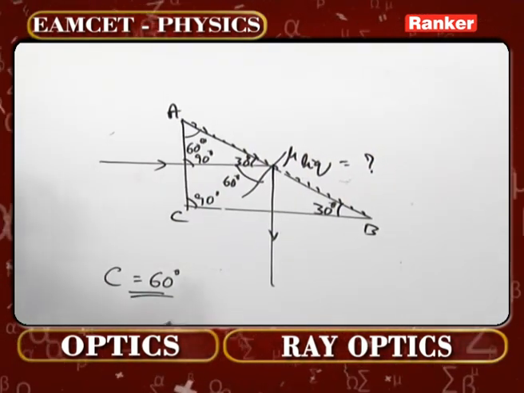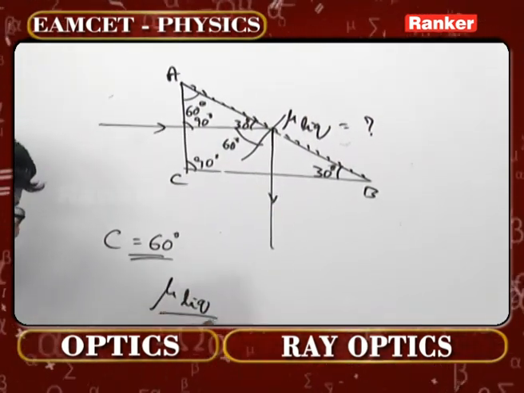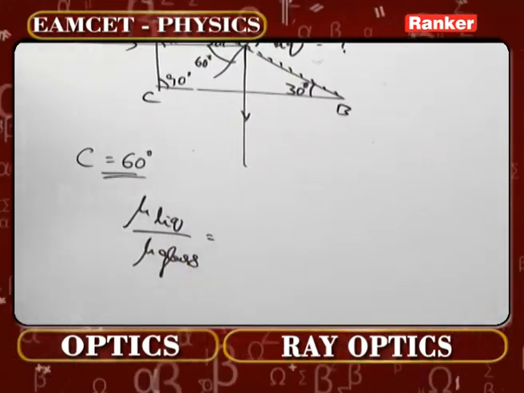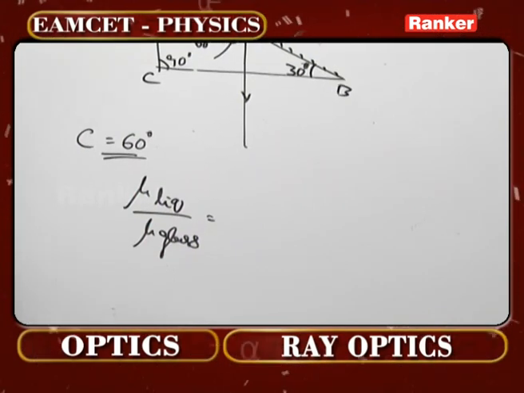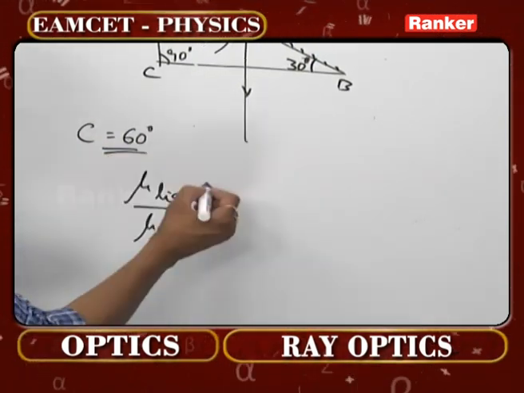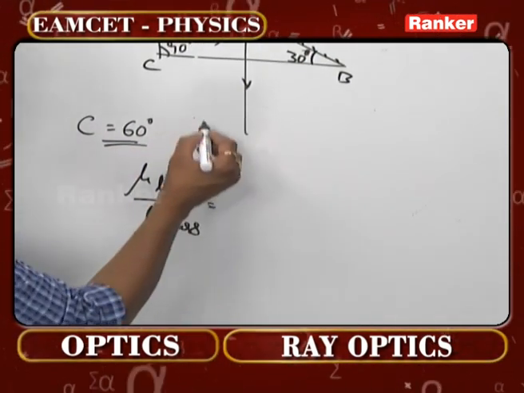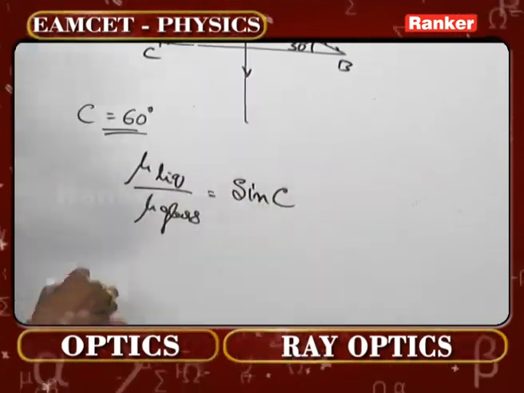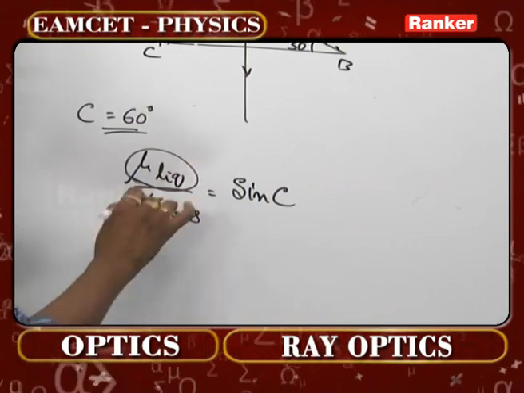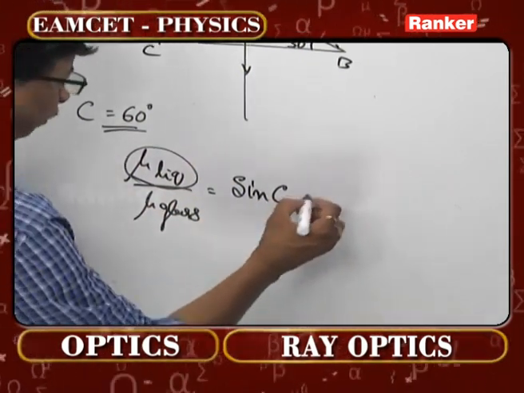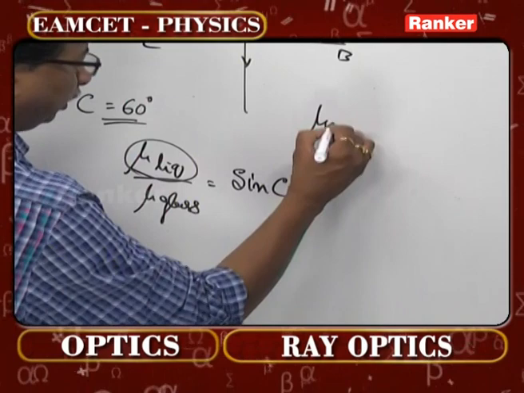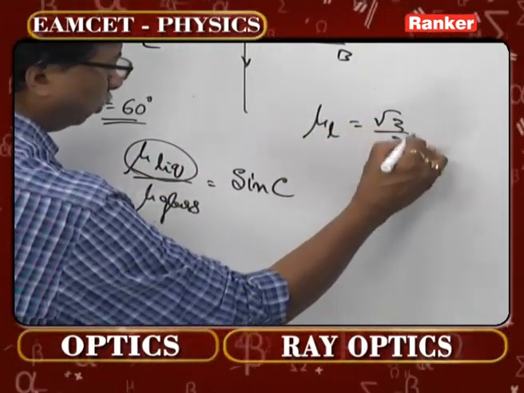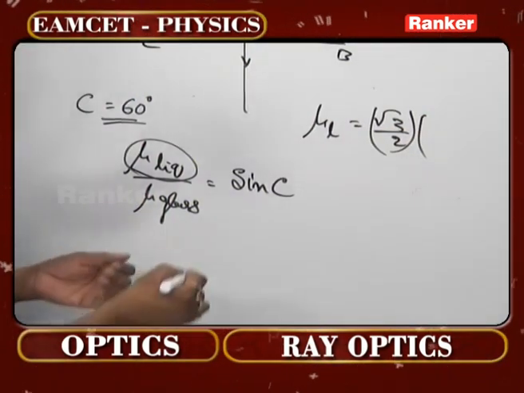Now you can write mu liquid by mu of that glass or that solid, whatever we people are getting, that value is now going to be this value of sine 60. That is actually the case. That is sine C. You can directly write. Now what is mu of the liquid is the question. So you can directly write sine C, mu of liquid is equal to sine of 60, it is root 3 by 2 into the value of mu of glass.